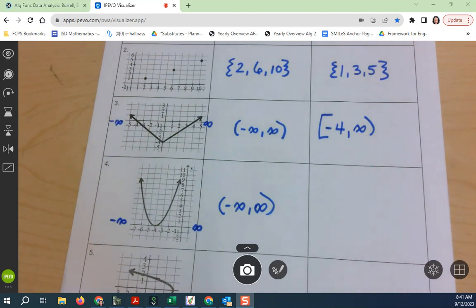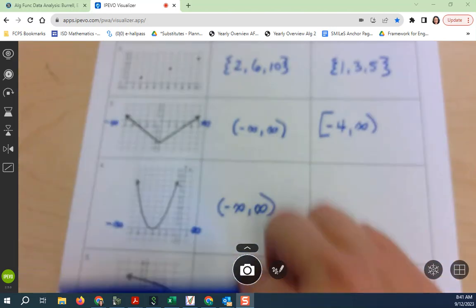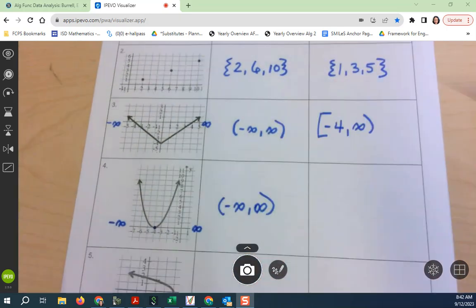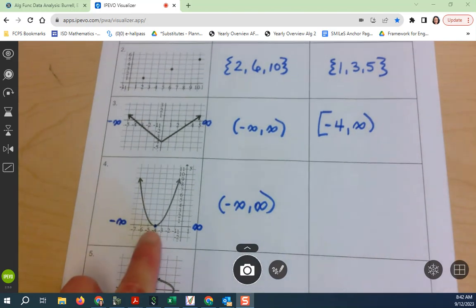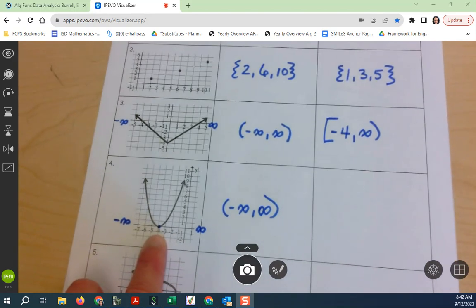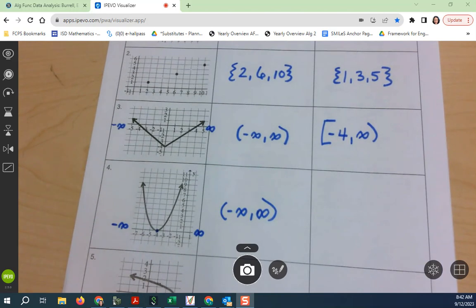All right. The y's on this one are tricky. The range is tricky because when I look at the bottom of my graph, I see this point right here. And what number is right next to that point? 7. What number do I see right there? I see the -4, but why does my range not start at -4? Because it's on the 0.